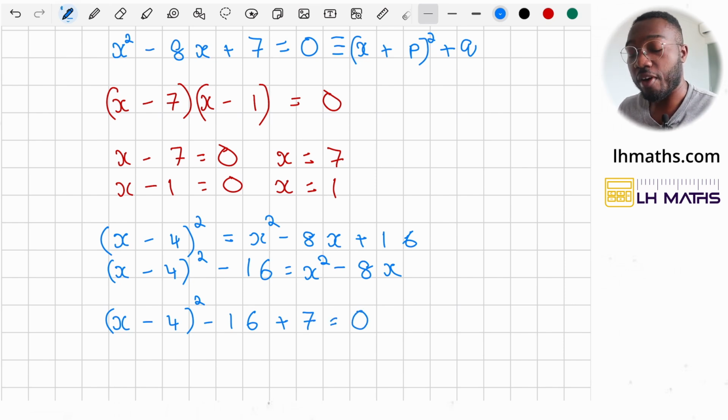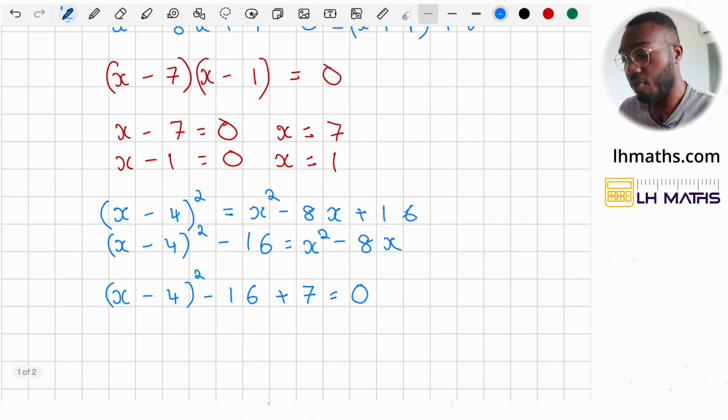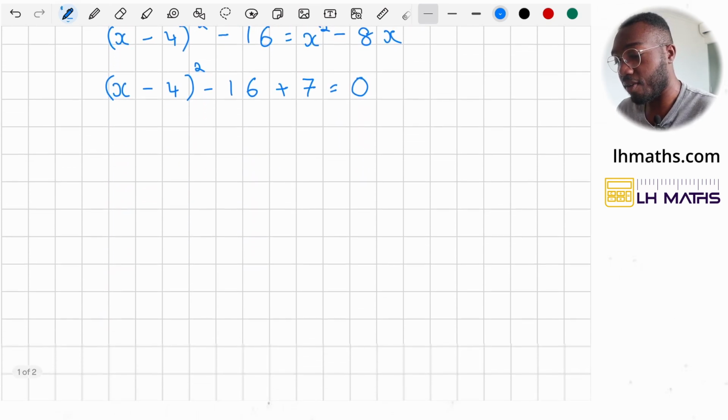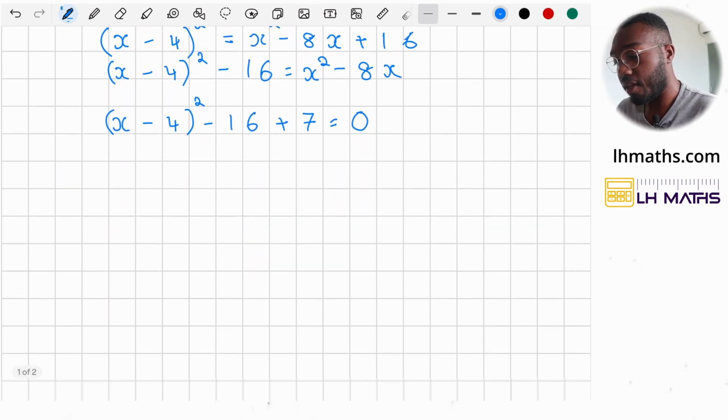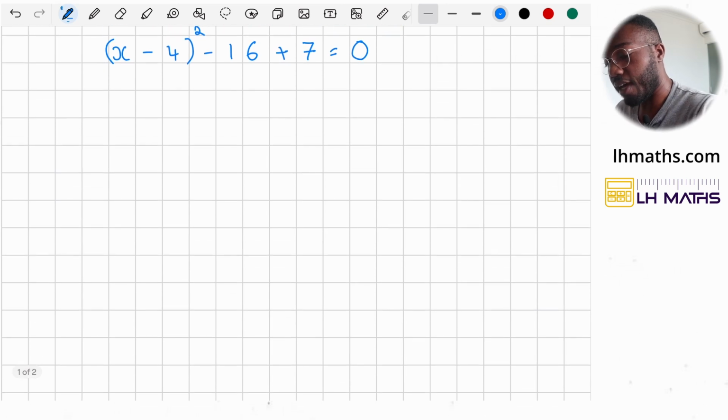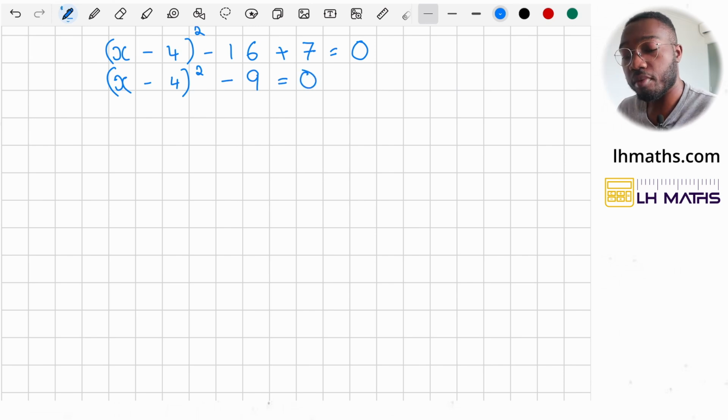So then we simplify this down a bit. We would have x minus 4 squared, not plus 9, minus 9 is equal to 0.